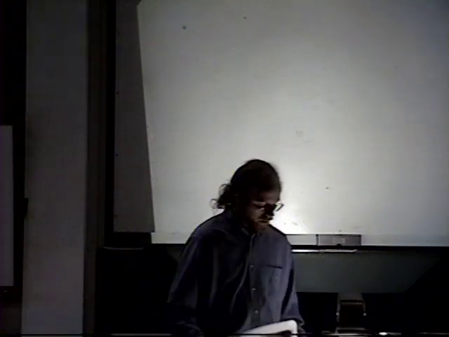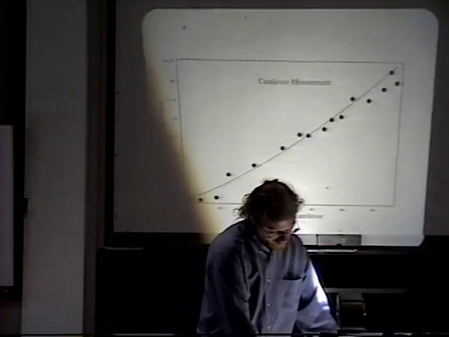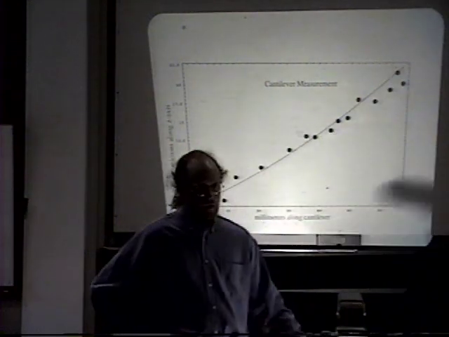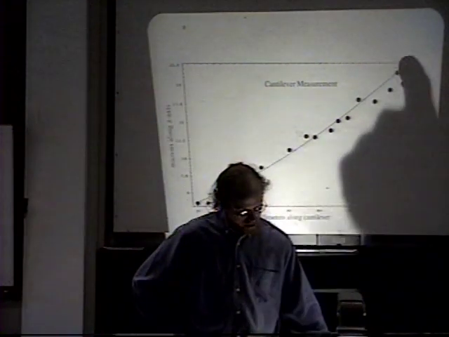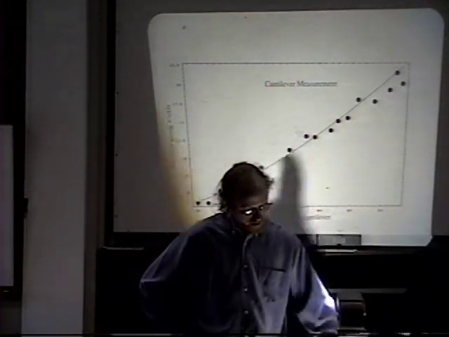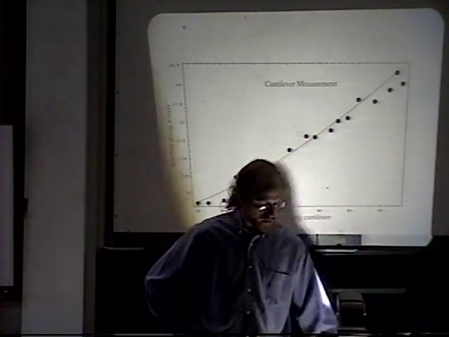And this is my only result so far, but this is a cantilever measurement. It's a surface rather than a volume. Here's the out-of-plane displacement for a cantilever, and that's the theoretical shape of the cantilever.